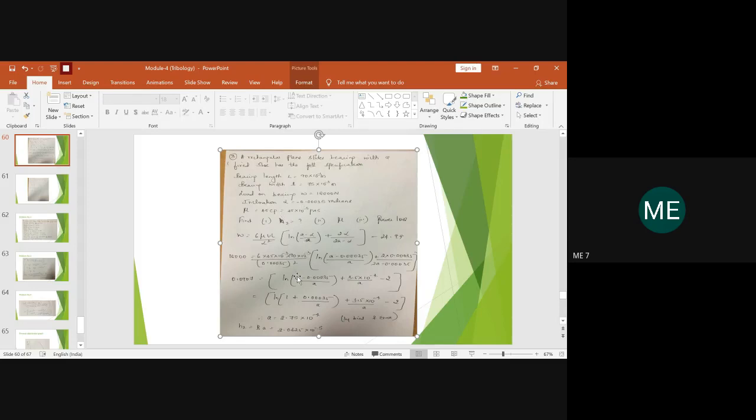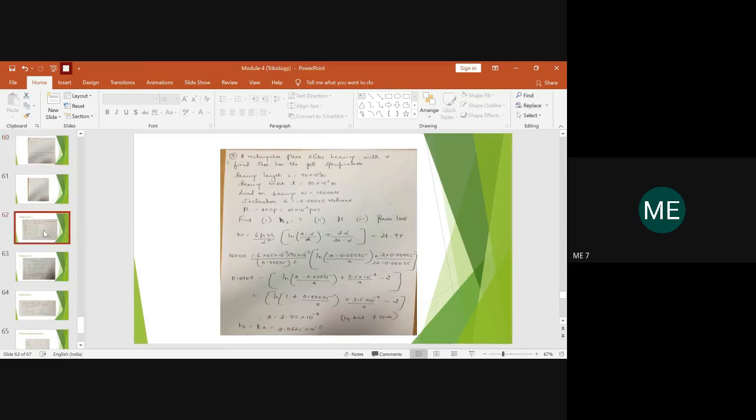Is it given? The length of the bearing is given, but the value of U has to be given here. I think I have missed the value of U. I will cross check and give you this.